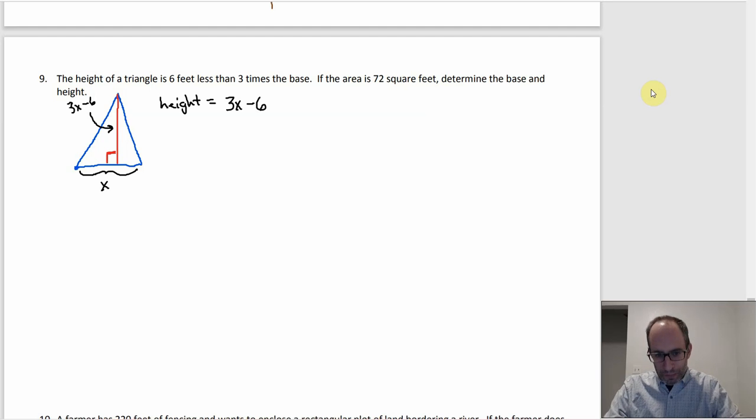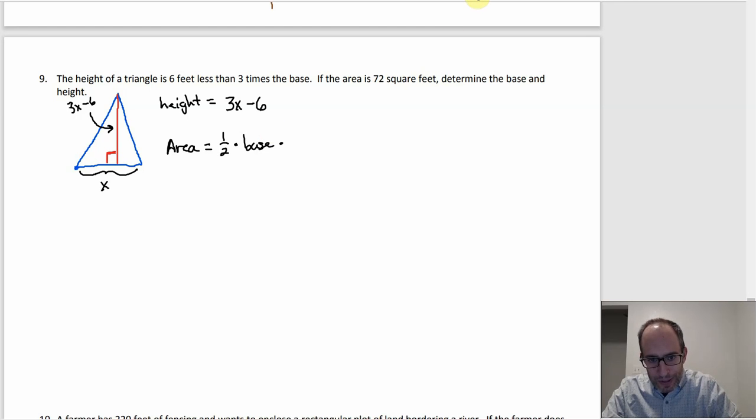And then the other thing we need is the area of a triangle. Area would be 1/2 times the base times height. I should be using dots, not x's, because I'm using x as a variable. So here, the area would be 1/2 times x times 3x minus 6.